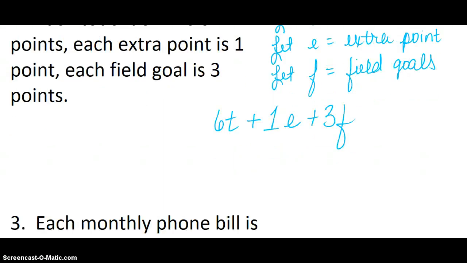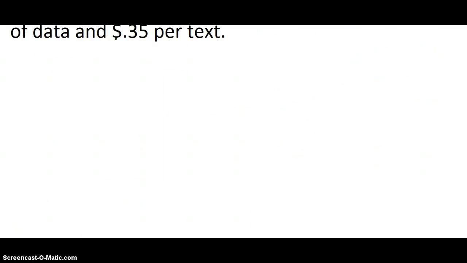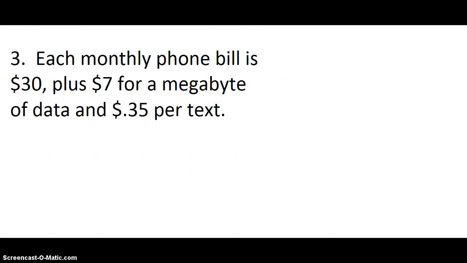Last one. Okay. Each monthly phone bill is $30 plus $7 for a megabyte of data and 35 cents per text. Well, the $30 isn't going to change. There's no variable there. It's $30. That's not going to change. But the megabytes are. So let's let m equal our megabytes.